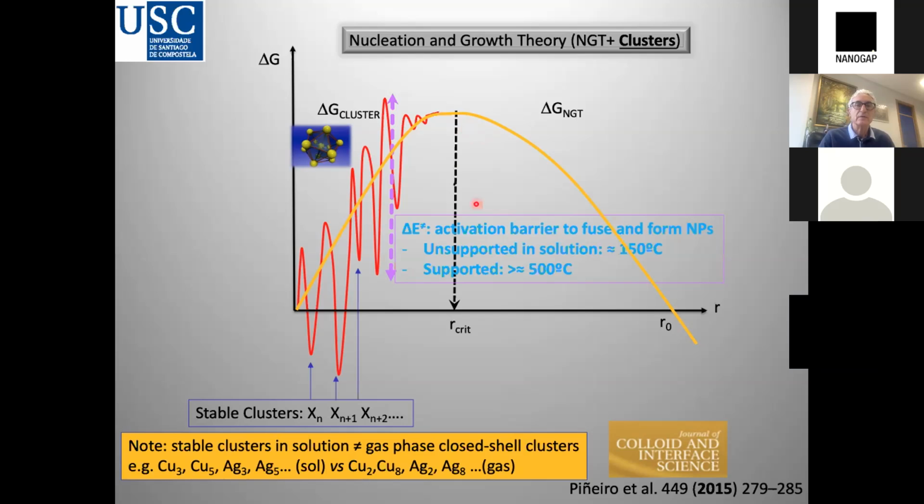This activation energy is around 150 degrees for clusters in solution. But when you support the cluster on a material, they can have a stability of at least 400 to 500 degrees Celsius. And in some materials, for example silica, the clusters are so stable on such surfaces that they can be stable even up to 900 or 1000 degrees Celsius.